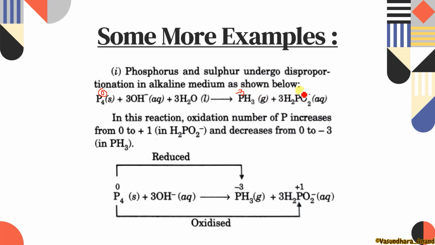So the phosphorus of P4 is undergoing reduction as well as oxidation. If we do not write the ionic equation, it will be H3PO2, and if we write the ionic equation, it will be H2PO2 minus.